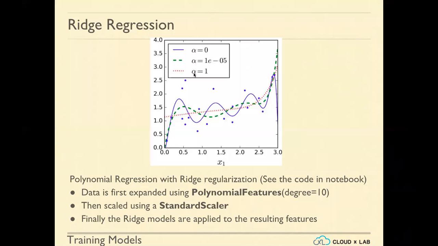And then when alpha is 1, it becomes a very, very straight line. So the significance of changing x1 was higher when alpha is 0. You can see that as we are changing x, the value of y is changing really fast, when in this case, the value is changing a little bit slowly as we are changing x. So that is the significance of introducing ridge regression.